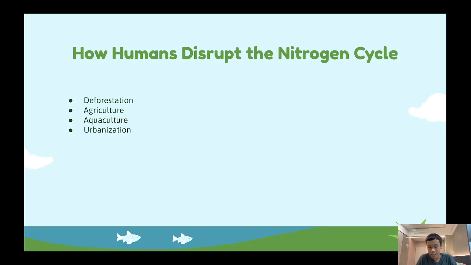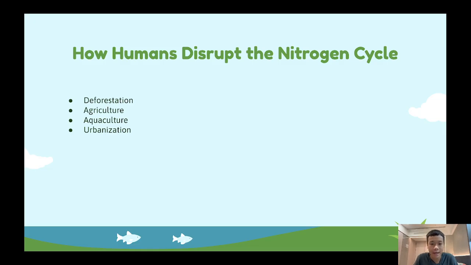Eutrophication is the state in which the water has way too many nutrients, and in this case, way too much nitrogen. This causes dead zones and algal blooms, which are both very deadly for marine life.